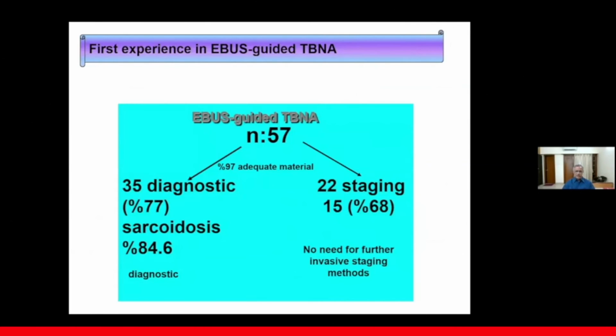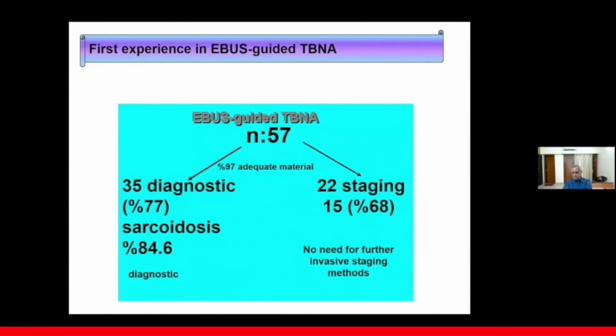In the first experience with EBUS-guided TBNA, out of 57 people, 97% had adequate material for testing, and 35% were diagnostic for sarcoidosis. It is 84.85% of the time positive, so there is no need for further invasive staging methods.